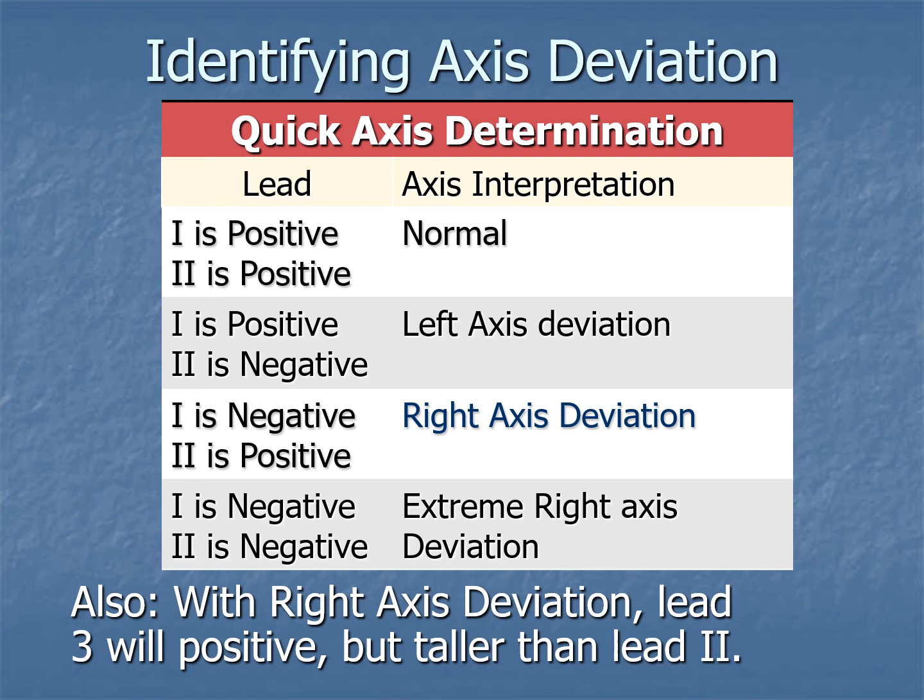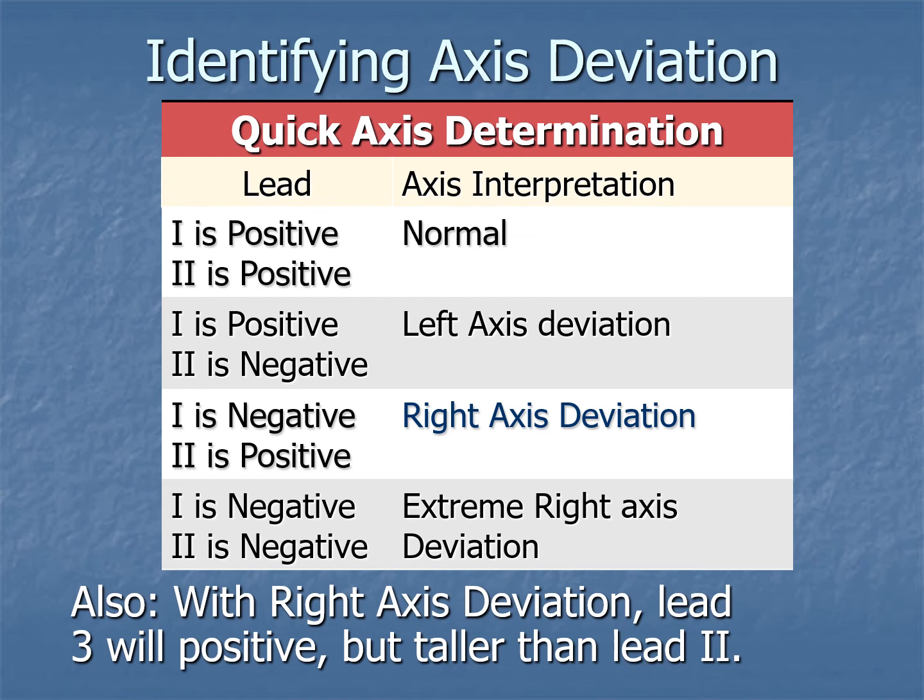So in identifying axis deviation, normally what you would see in lead 1 is a positive deflection. Lead 2, you would see a positive deflection. So the axis interpretation would be deemed normal as far as axis only. In a left axis deviation, lead 1 would be positive and lead 2 would be negative.